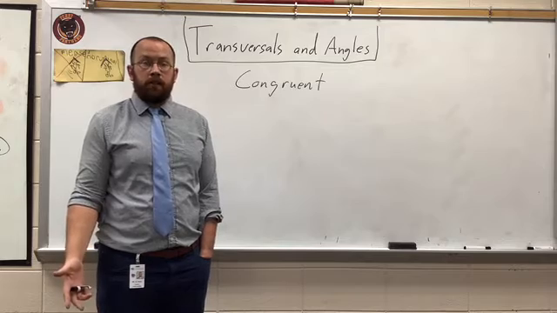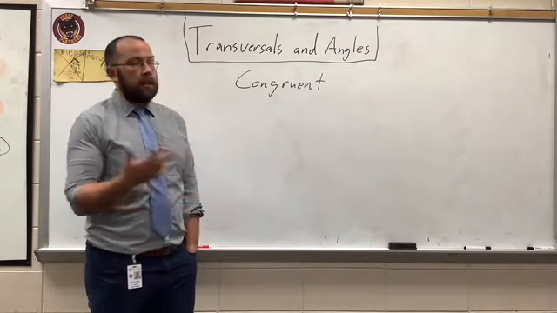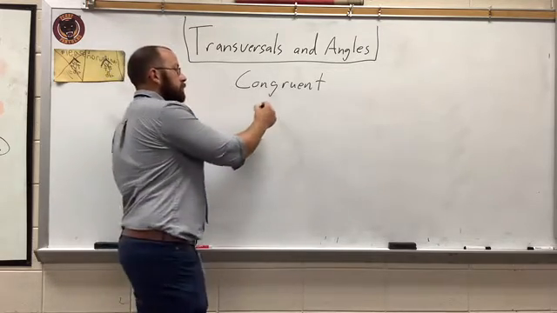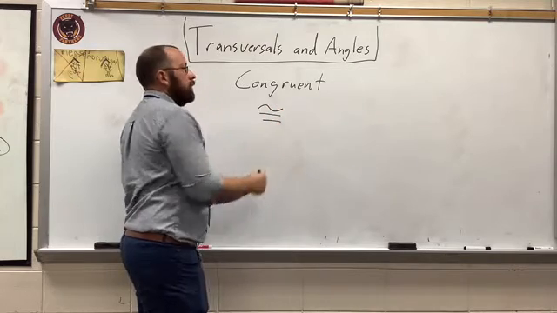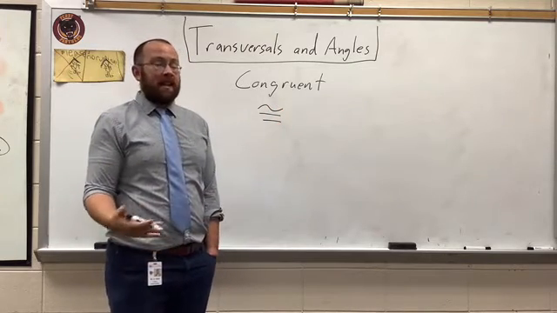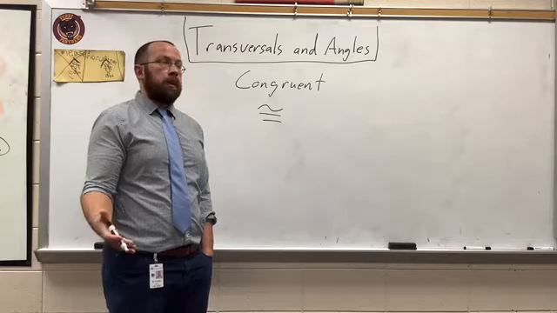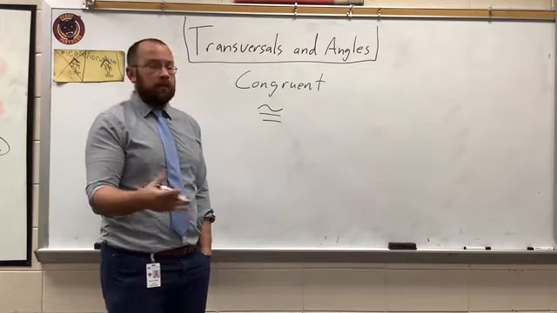The next thing I want to talk to you about is a word called congruent. You'll see it as a symbol that looks like this. All congruent means is that it's equal, but it's in angle terms.